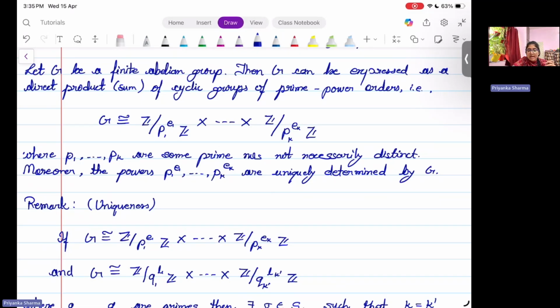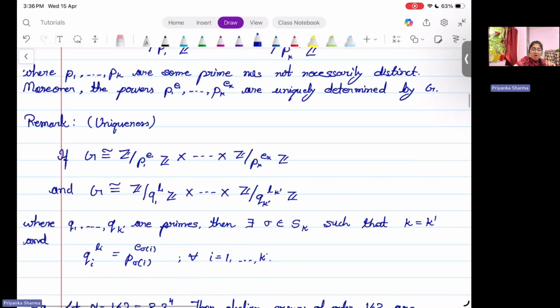That is, G is isomorphic to Z mod p1 to the power e1 Z cross up to Z mod pk to the power ek Z, where these pi's are some prime numbers and they are not necessarily distinct. They can be the same also. Moreover, these prime powers, that is p1, e1, p2, e2 up to pk, ek, are uniquely determined by the given group G.